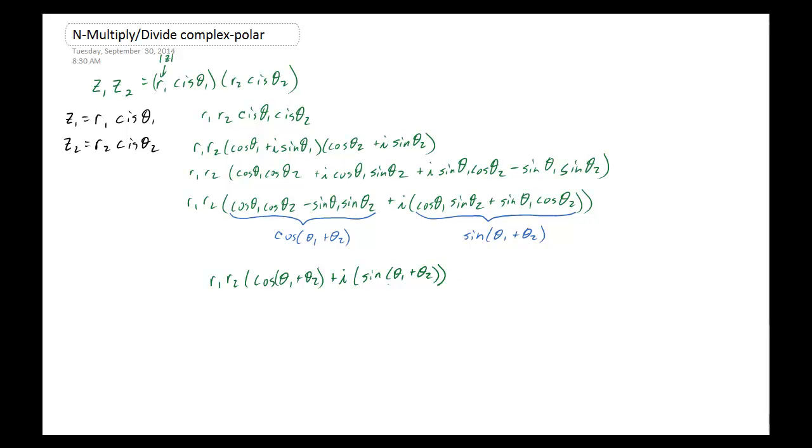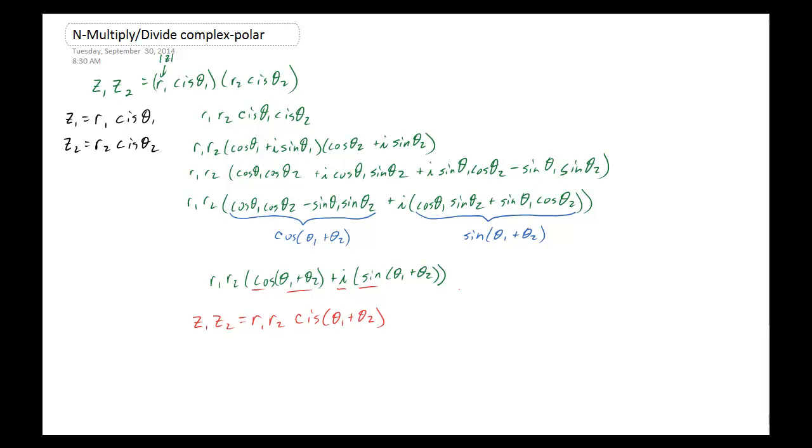And you'll notice that we then have cosine of theta 1 plus theta 2 plus i sine of theta 1 plus theta 2. And what does that mean? Well, that means, my friends, that z1 z2 is equal to r1 r2 cis theta 1 plus theta 2. Now, if that isn't cool, I don't know what is. Actually, I know a lot of things that are cool in math.